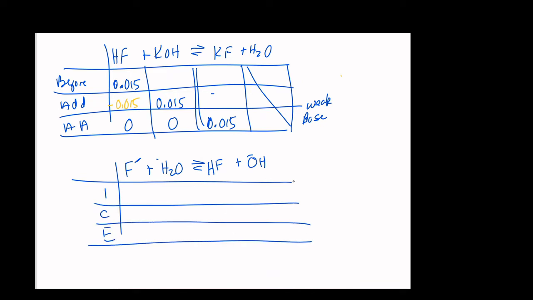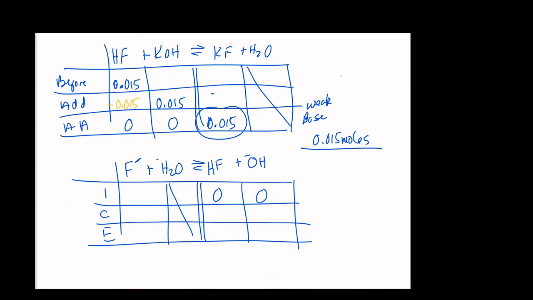Now we can draw an ice table where we're going to put in the concentration of, so remember, ice tables are concentration. We're going to put in the new concentration of our fluoride, and we're going to be starting with 0 of the HF and 0 of the hydroxide. Okay? So let's calculate the new concentration of fluoride. So we have 0.015 moles of KF. Okay, and we're going to divide that by everything we added in the volume.